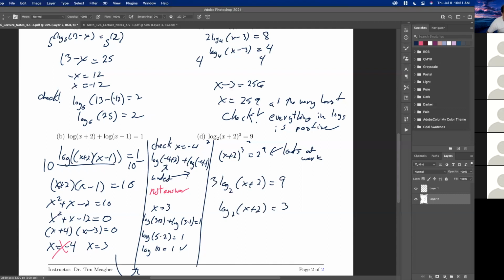Then, if we just take 2 to both sides, this is much easier to handle. Here I get x plus 2 is equal to 8, because 2 to the log base 2 cancels, so we get x plus 2, and that's an 8. And here I get x is equal to 6, which is our real answer, which we had before, right?